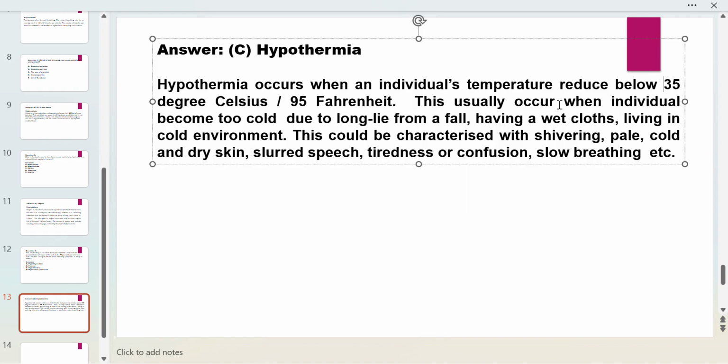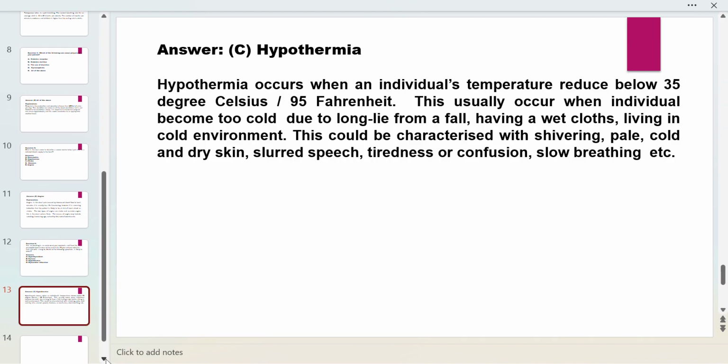This usually occurs when an individual becomes too cold due to long lie from a fall, having wet clothes on, or living in a cold environment. This could be characterized with shivering, pale, cold and dry skin, slurred speech, tiredness, confusion, and slow breathing. So, yeah, that makes sense.